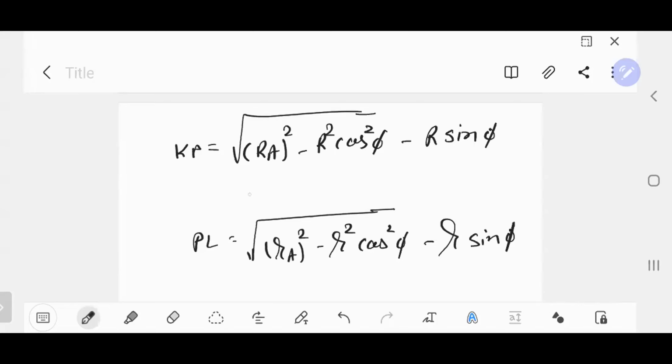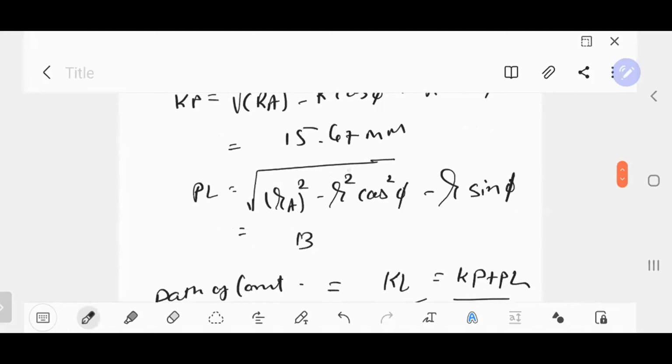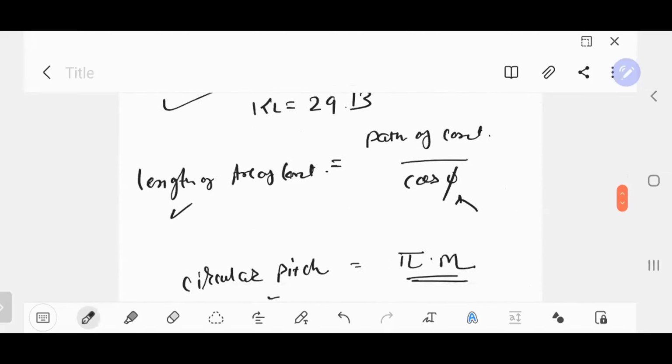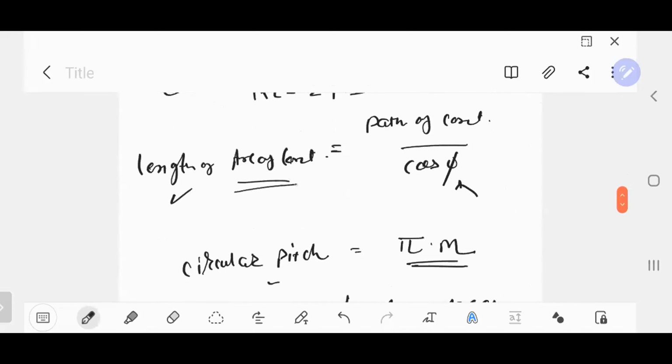Yes, offline students, KP is equal to 15.67. Okay, and PL is equal to 13.45. So KL is equal to the summation of both, 29.13. Okay, so we can calculate the length of arc of contact.